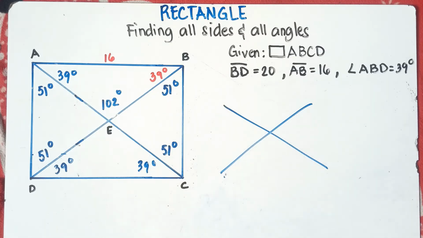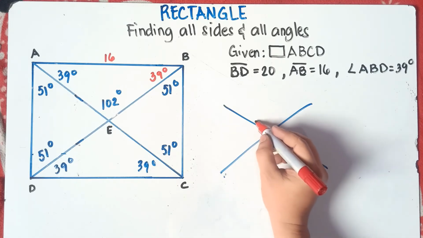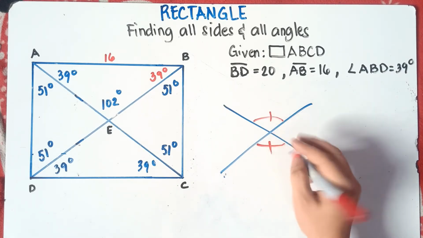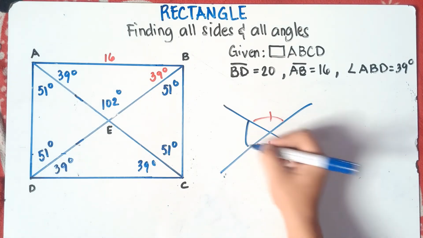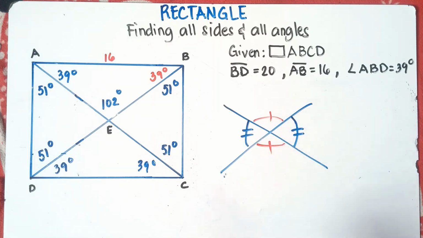Once again, vertical angles are formed by two intersecting lines. So if you have two lines intersecting, this angle right here is congruent to this angle. And this angle right here is congruent to this angle. That's what we call, class, vertical angles.